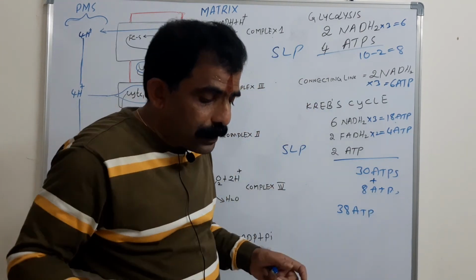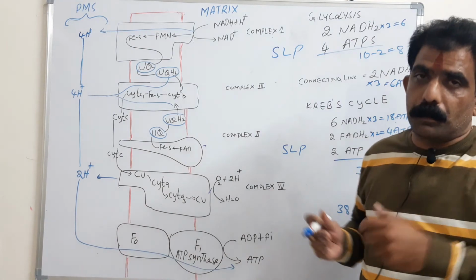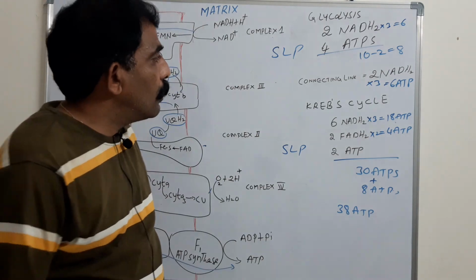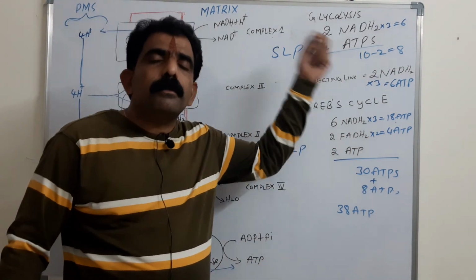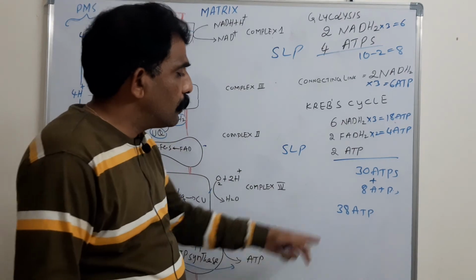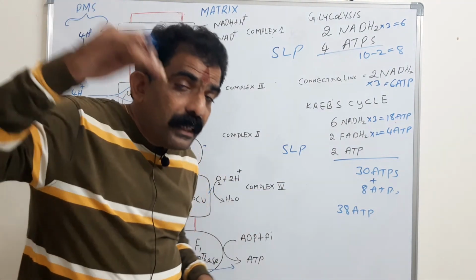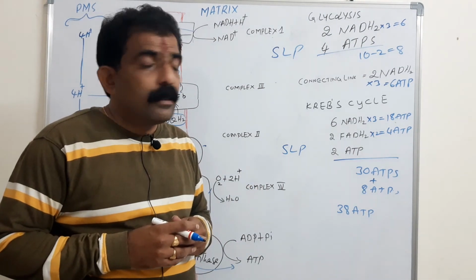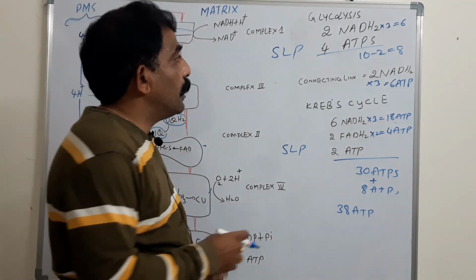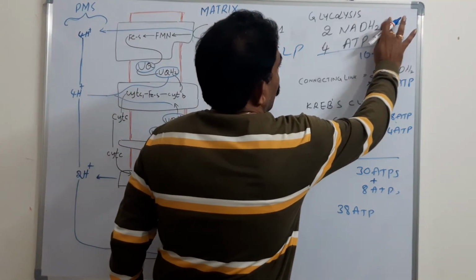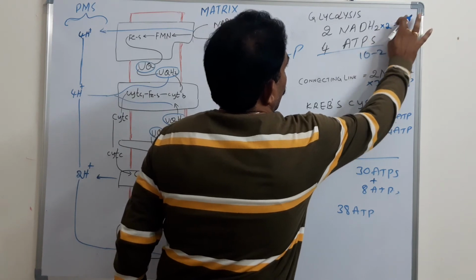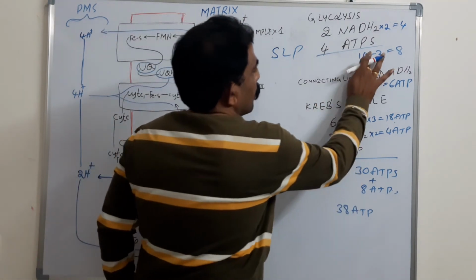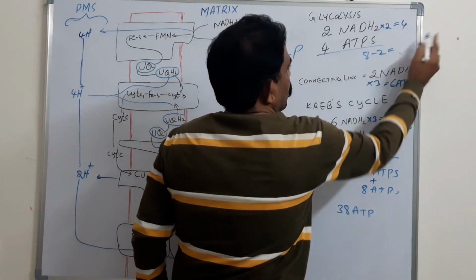Actually, the total number of ATPs produced in aerobic respiration is 40 if it is the malate aspartate shuttle. Out of 40, 2 are consumed in glycolysis, so the net gain becomes 38. If it is the glycerol phosphate shuttle, I am not going to discuss the details here, just mentioning the name. There one NADH2 equals not 3 ATPs but 2 ATPs, hence here only 4 ATPs. 4 plus 4, 8 ATPs, 8 minus 2, 6 ATPs.